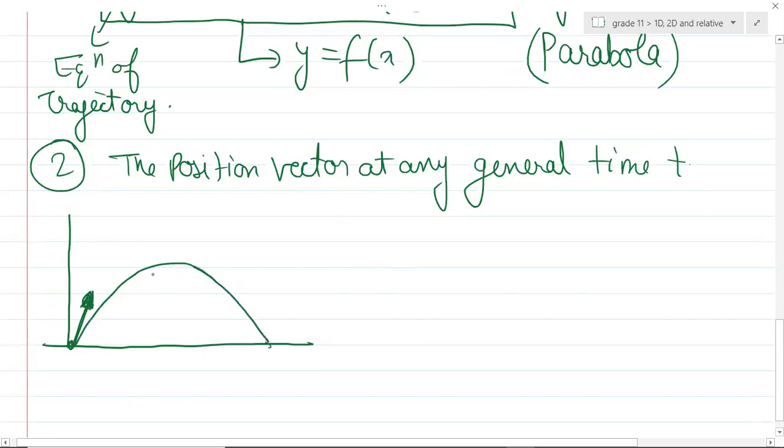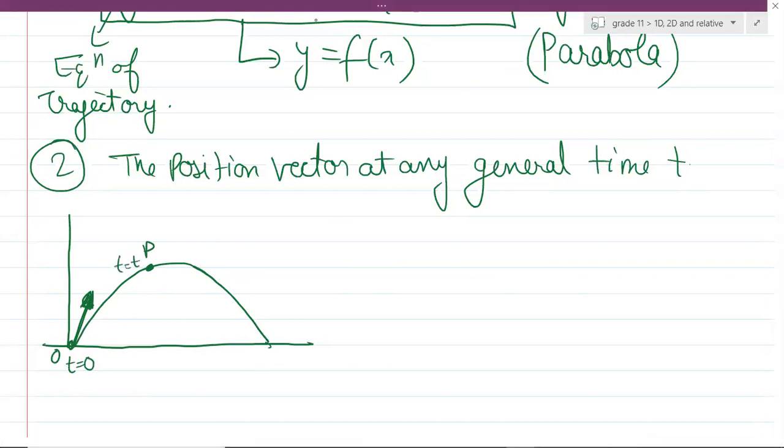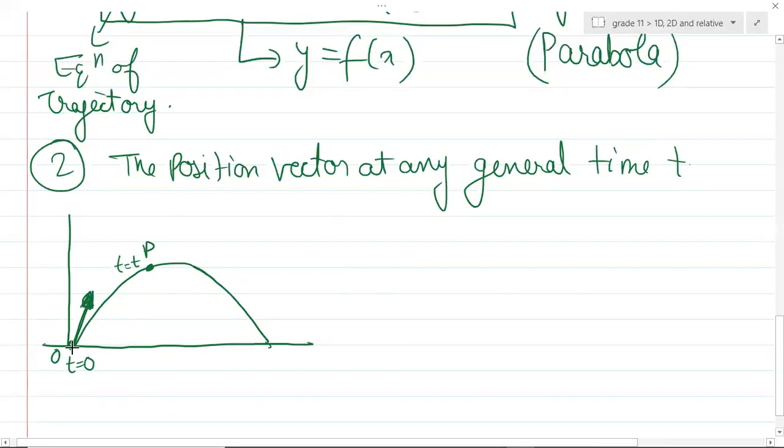Suppose at any general point P it reaches over here. At t equals 0 it started, at t equals t it reaches here. The position vector is a line joining the origin to this point.